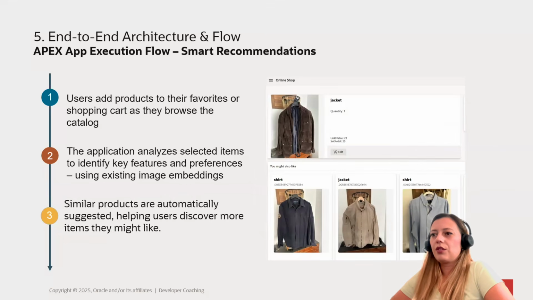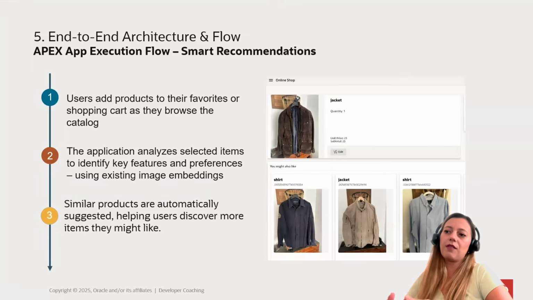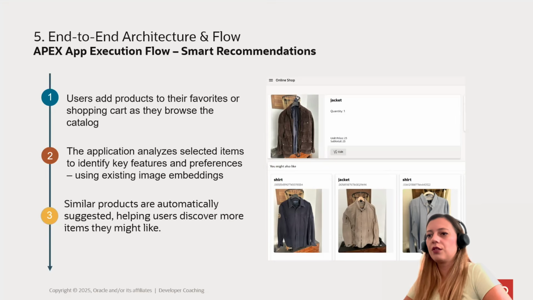Also, in most online shops, we always see something like, you might like this one, or this is something that is frequently bought together with your item. So this is what we also did for our demo today.